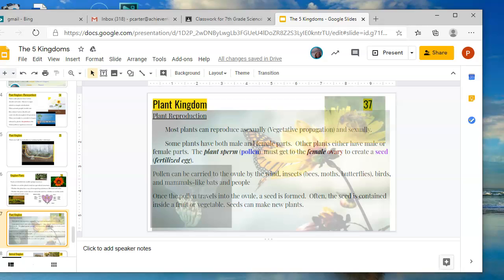Pollen can be carried to the ovule by the wind, insects like bees, moths, butterflies, birds and mammals like bats, and people. Once the pollen travels into the ovule, a seed is formed. Often the seed is contained inside a fruit or vegetable. Seeds can make new plants.